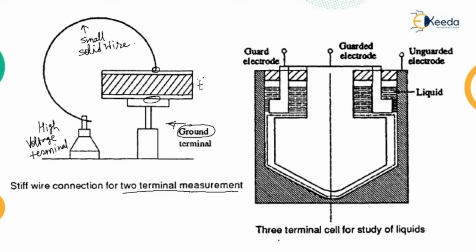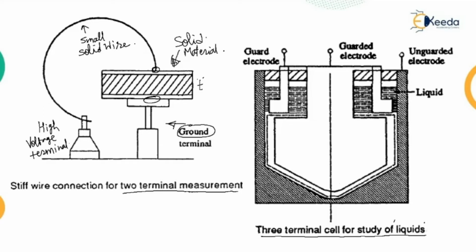The arrangement used for the study of liquids is shown in this figure, called a 3-terminal cell for study of liquids. Till this point we said the solid insulating material, as it is the ground and the guard terminal and so on. So this is your solid material, which is to be tested.